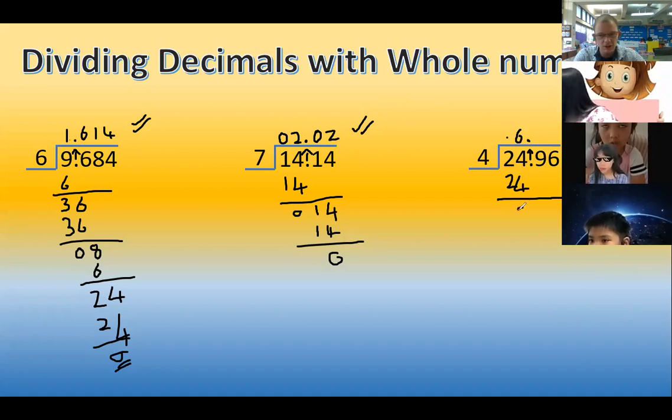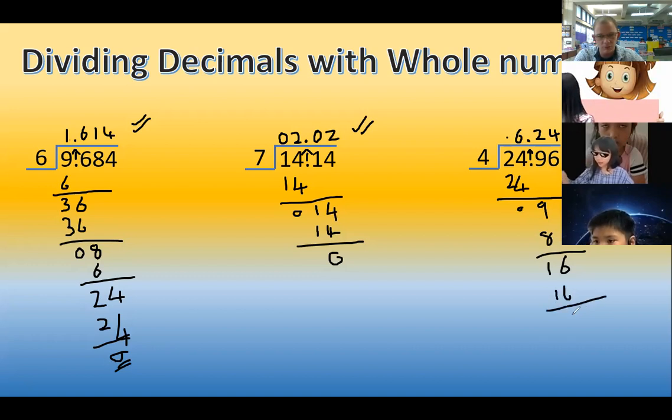That's going to go to 0. Drop down the 9. 4 goes into 9 how many times? 2. 2 times 4 equals 8. We drop down the 1. We drop down the 6. 4 goes into 16. 4 times 4 equals 16, and we end with a 0.